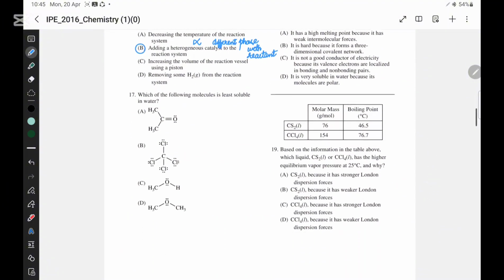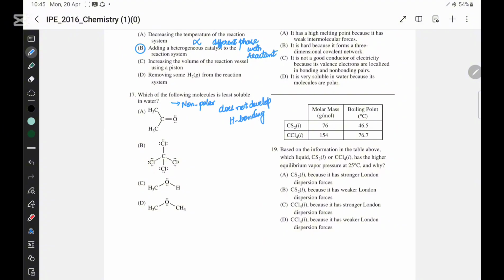Okay, for the next question, which of the following molecules is least soluble in water? The molecule which is least soluble in water must be non-polar, and also does not develop hydrogen bonding with water.